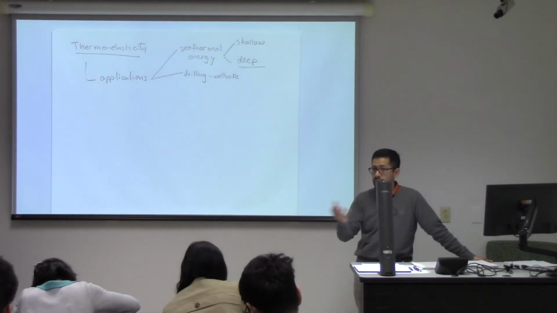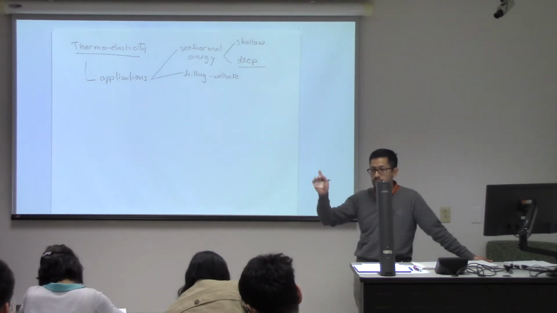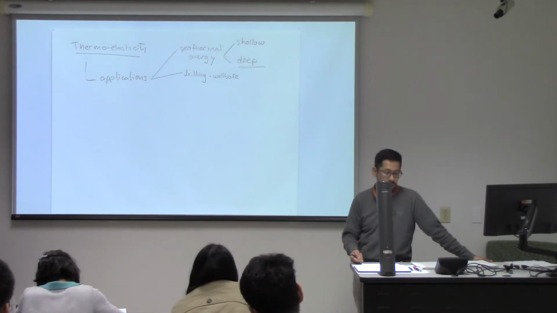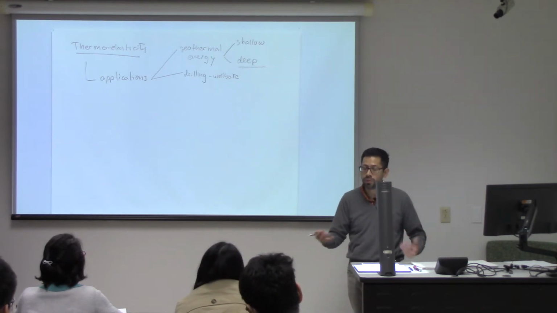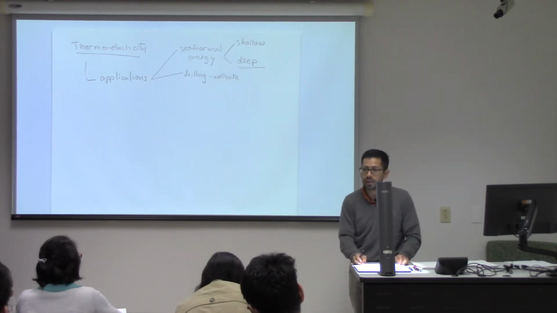Because of that, by circulating cold fluids through the wellbore, you can lower the temperature of the rock, and if you lower the temperature of the rock, you will cause shrinkage in the rock too. That's going to lead to tensile stresses.